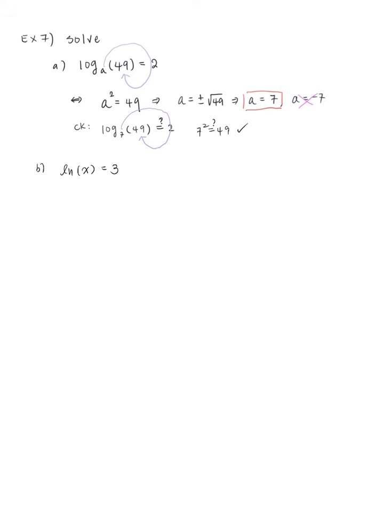Now let's try ln of x equals 3, solve for x. Now, if you are not comfortable with ln, just remember that ln is nothing but log base e. So if I rewrite this as log base e of x equals 3, do you see that this is equivalent to e to the third equals x?